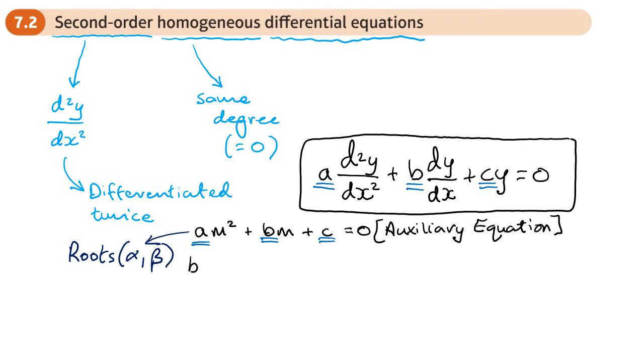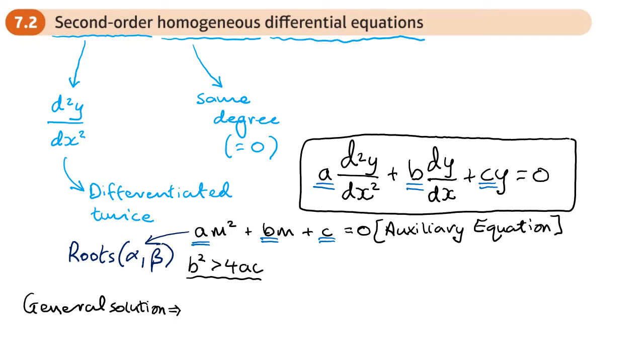It could be that the discriminant b squared is greater than 4ac. In that case, I'm going to write down what our general solution will be. We found our auxiliary equation, worked out the discriminant, and found the roots.